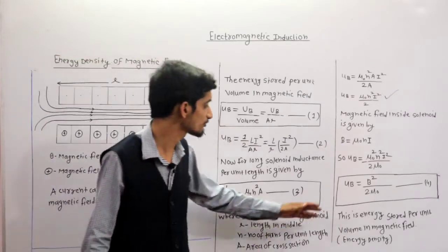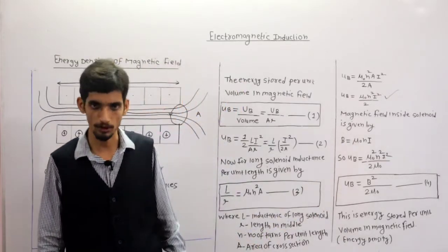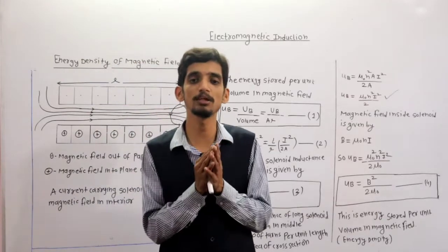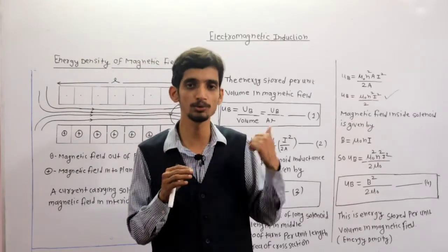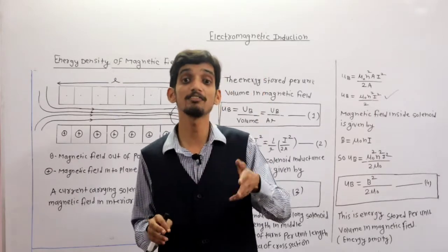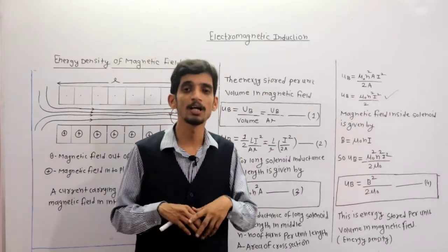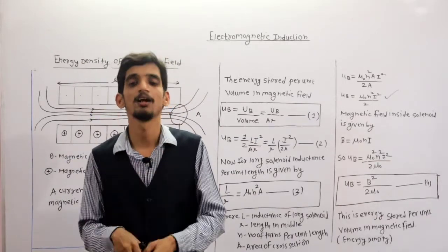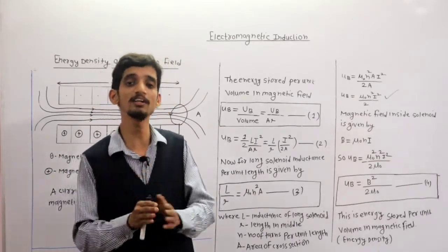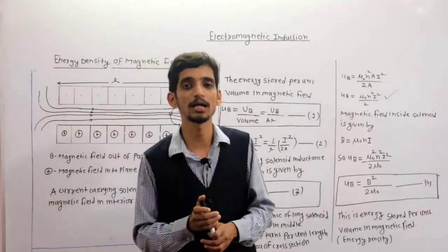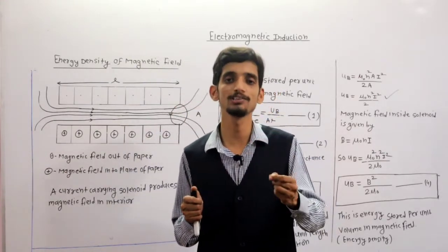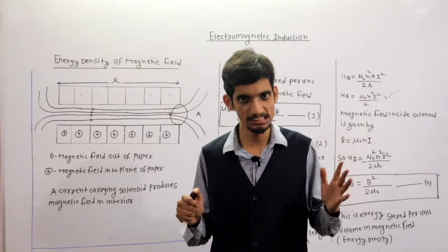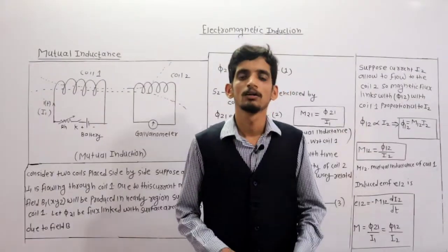So this is the equation for energy stored per unit volume. What important formulas are required in this derivation? Magnetic field of solenoid mu 0 Ni, energy stored in magnetic field is half Li square, volume is AL. Clear? So finally you are getting energy density of magnetic field UB is equal to B square upon 2 mu naught. Clear? Okay.